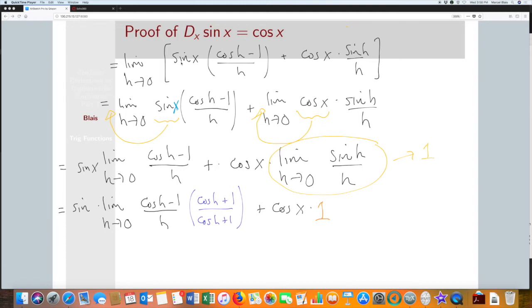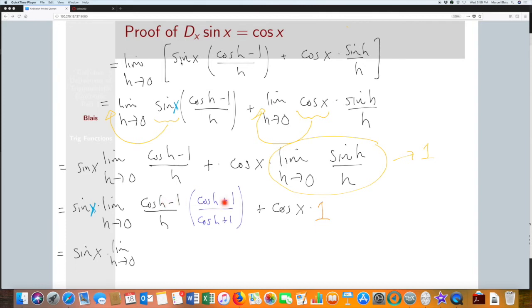And again, don't forget, this is a sine of x. We have sine of x times the limit as h goes to 0.